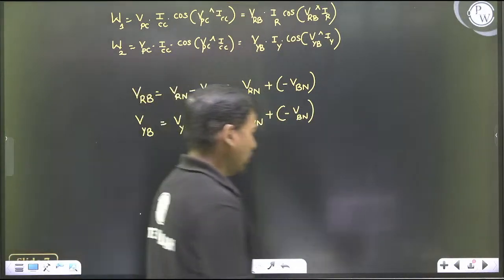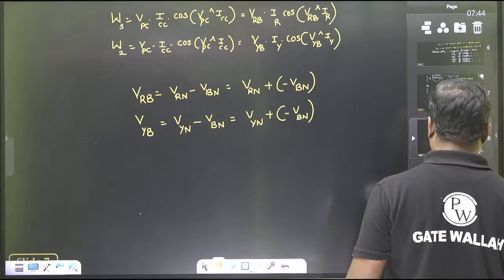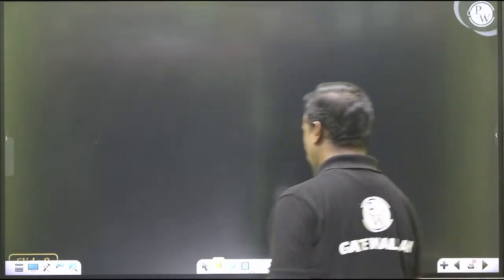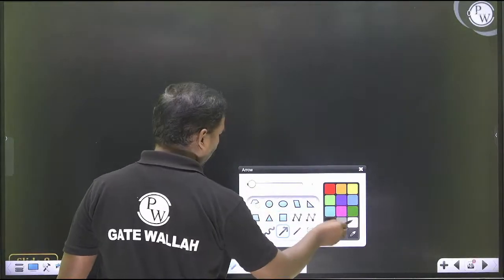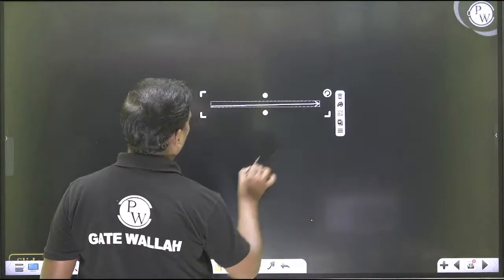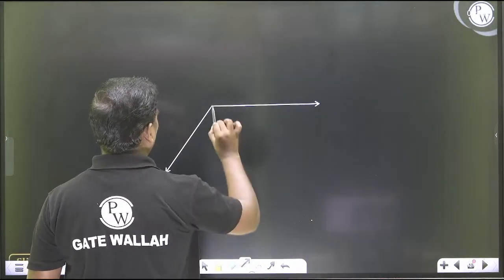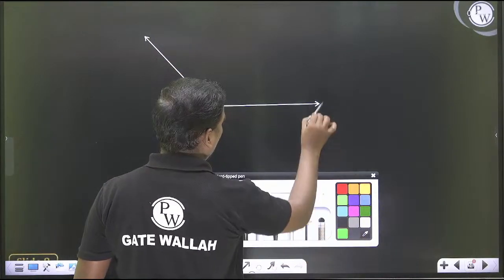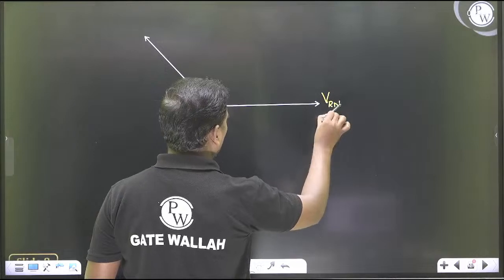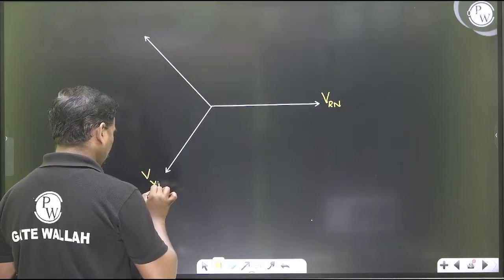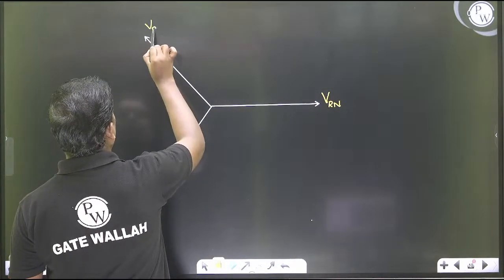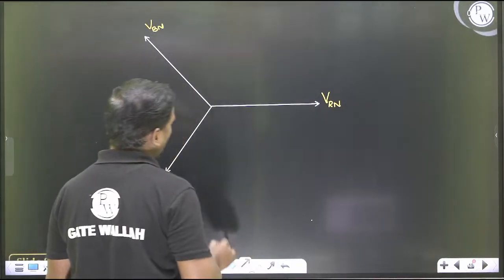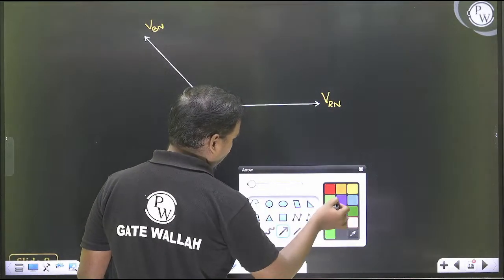Okay. Now let us go for the diagram. So we have to discuss the phasor diagram. So how will the phasor diagram come now? These are VRN, VYN, VBN. So these are the phase voltages. Okay. So phase current lags by this.